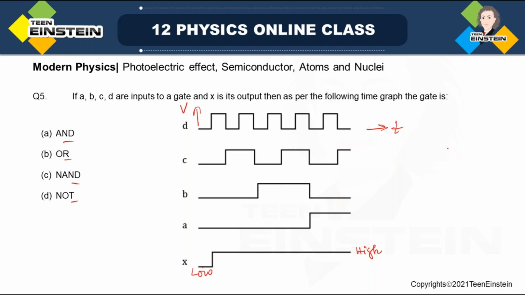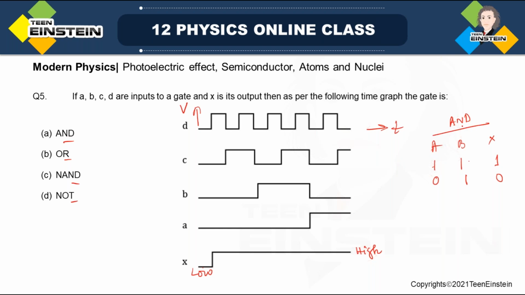Like the AND gate, you know, if A and B are both on or both high, then the output will be high. In case of AND, if one of them is low, then the output will be low. This is the AND gate truth table.